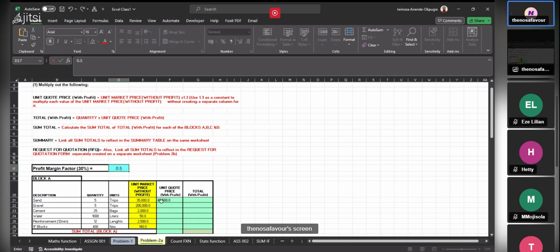Watch what will happen here when I hit enter. You see that automatically it has effected the change. So that is why cell referencing is best to use instead of the content of the cell.